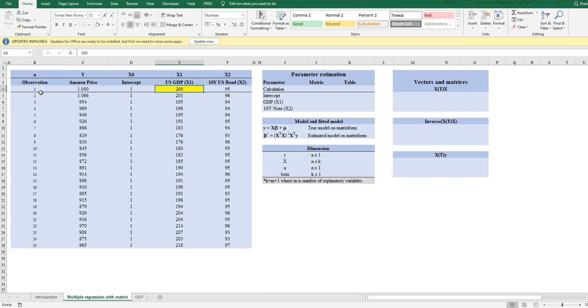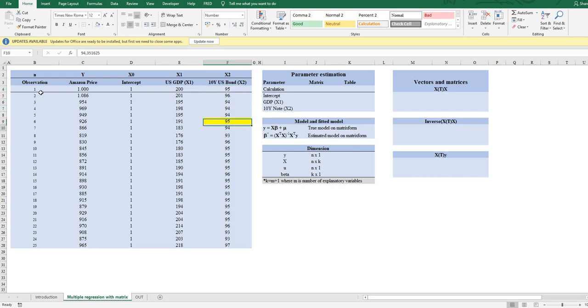And here likewise 25 observations of the level of GDP. So you could interpret this as a dollar value, $200 US of GDP on an annual basis. This is simply the price of a 10-year US Treasury.